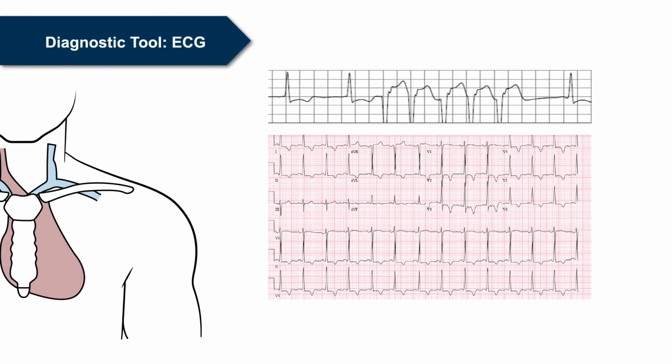The first-line investigation should be the EKG. The electrocardiogram is a very sensitive marker of disease in hypertrophic cardiomyopathy. And the presence of an abnormal ECG in any patient, but particularly a young individual presenting, for example, with unexplained syncope, should always prompt further investigations.